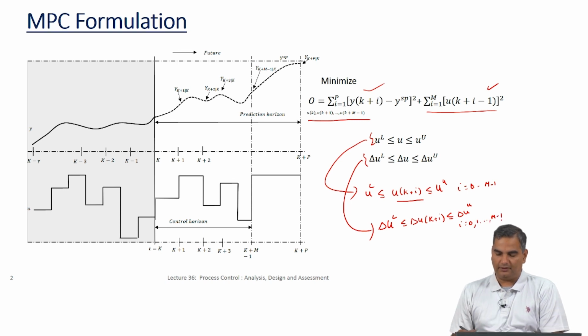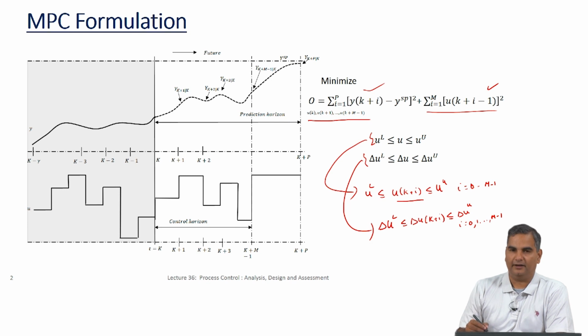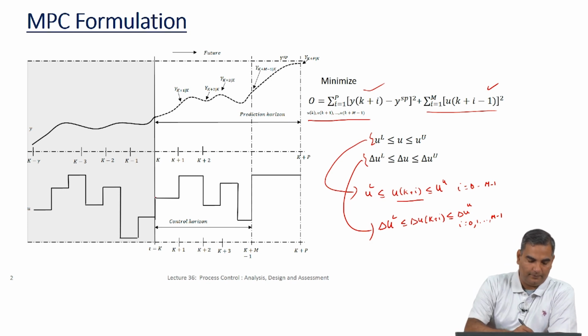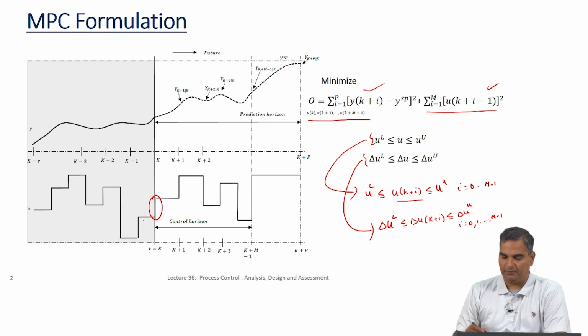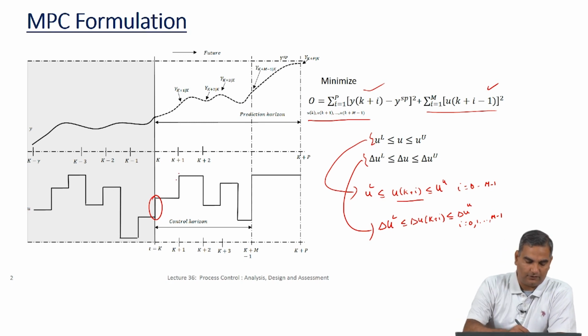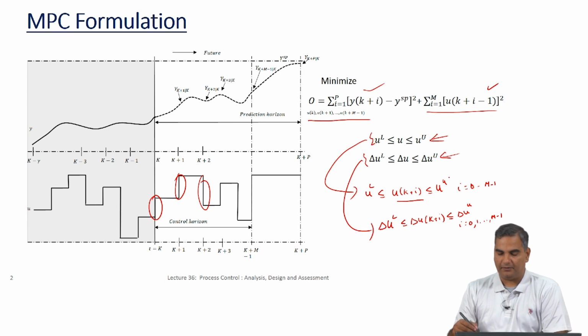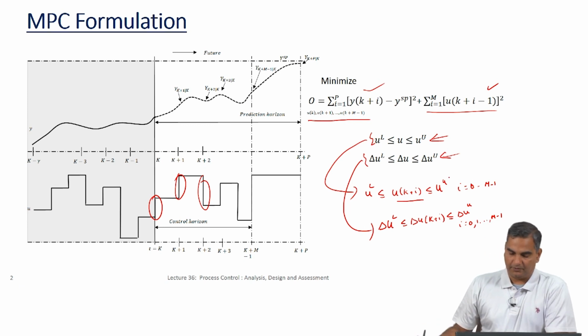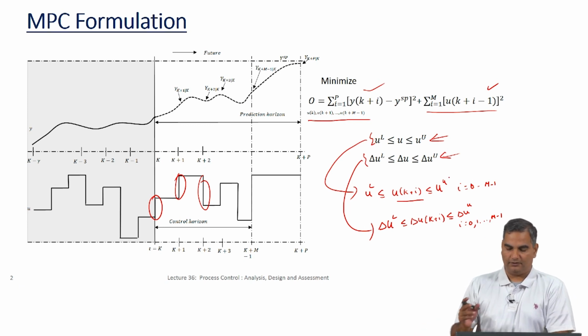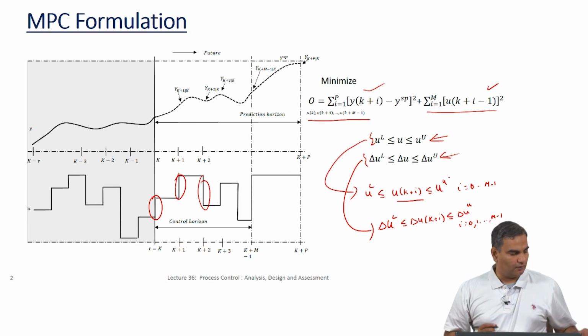When I is 0, delta u k, which is the difference here, should be between the range, the difference here also should be between a range, the difference here should be between a range, and so on. So, this becomes, let us say, m minus 1 constraints here, then m constraints here and m constraints here. So, there are 2 m constraints that you have here. This is the standard optimization formulation that we talked about.